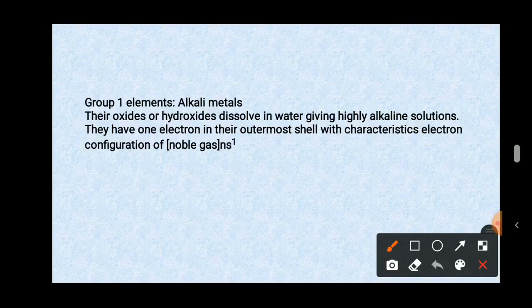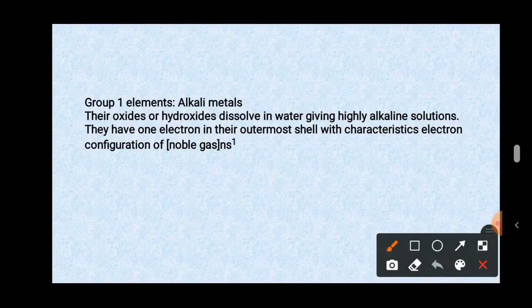Since alkali metals are the most reactive metals, these elements do not exist in a free state or elemental state.